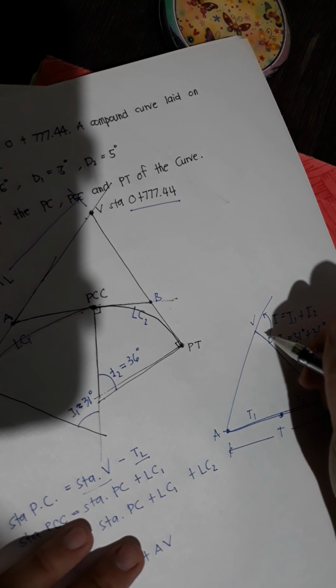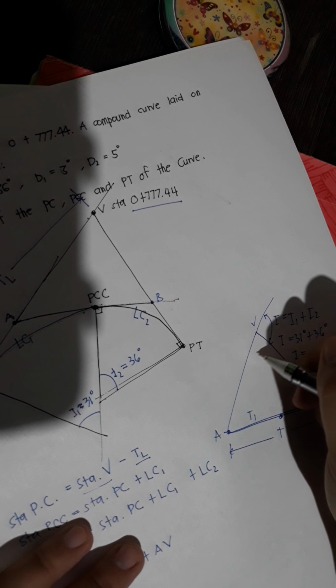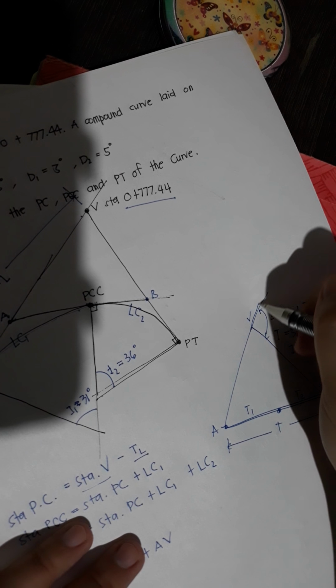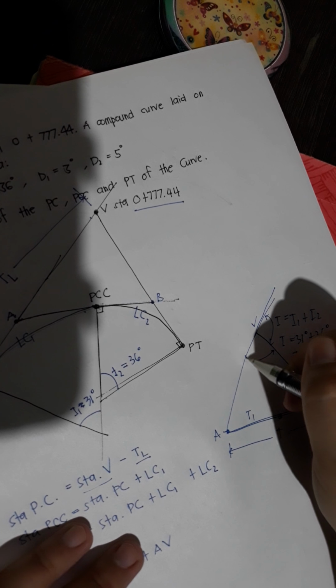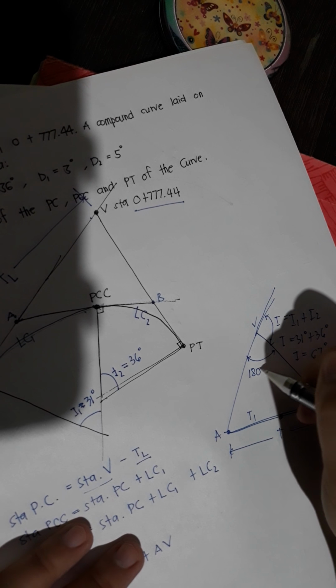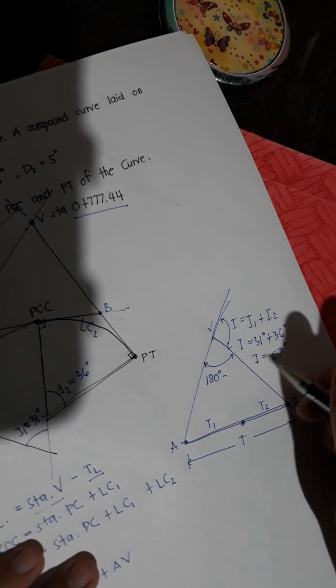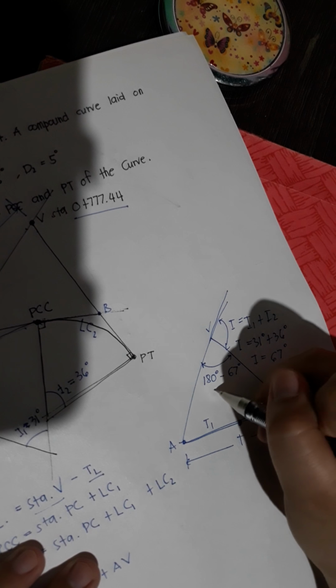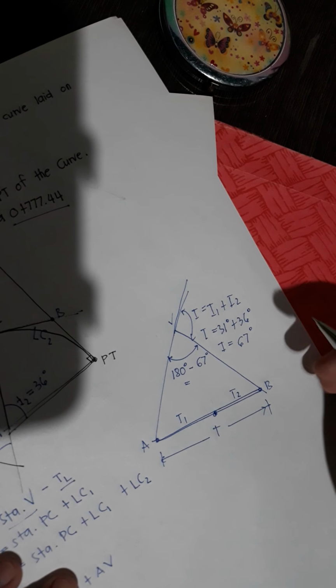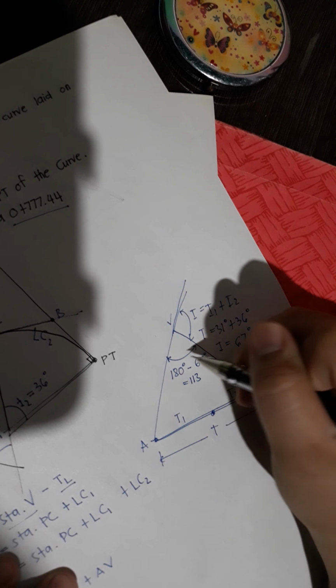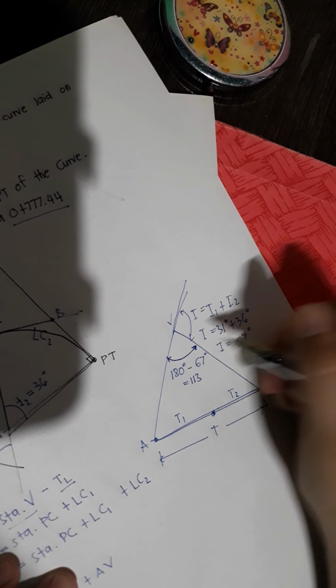Since this is a straight line, this whole angle is 180, so this angle here is 180 minus I, which is 180 minus 67, or 113 degrees.